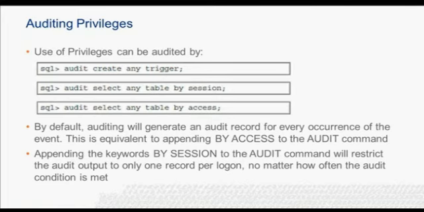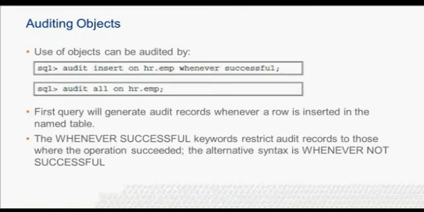If we want to audit any privilege, we can do so by the command AUDIT privilege_name. Whenever that privilege is used, an audit entry will be written to the audit trail. If we append BY SESSION in the command, then only one entry will be generated regardless of the number of uses of that privilege.